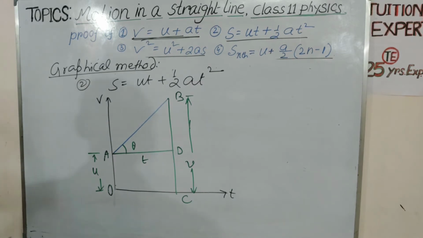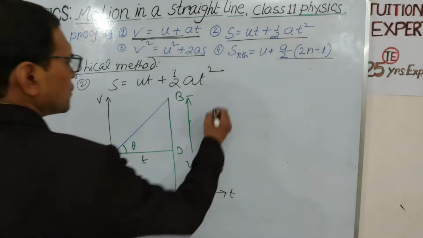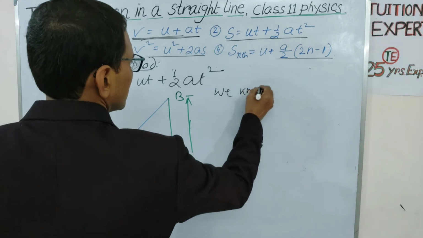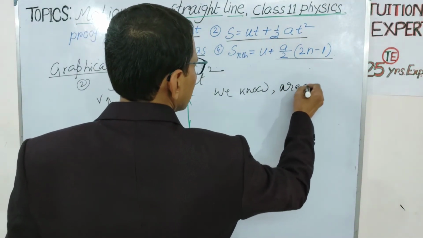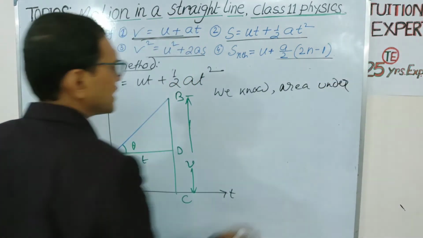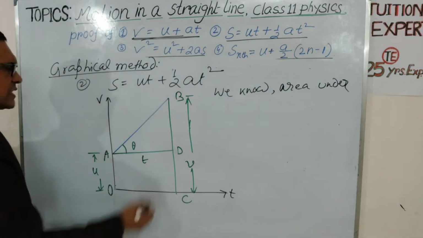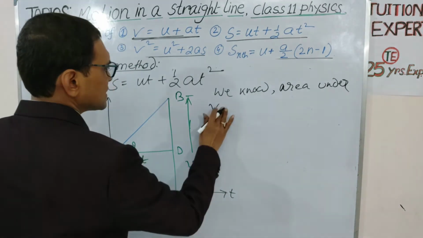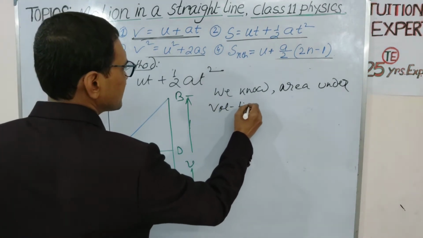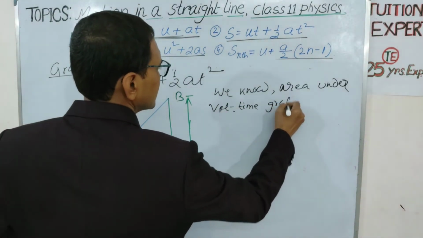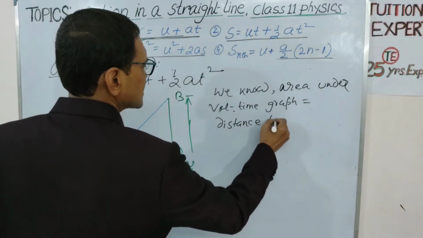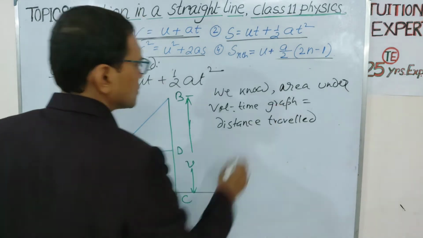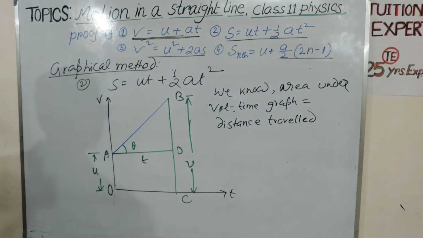Now what is the theory here? We know the area under the VT graph, velocity time graph, equals the distance traveled.